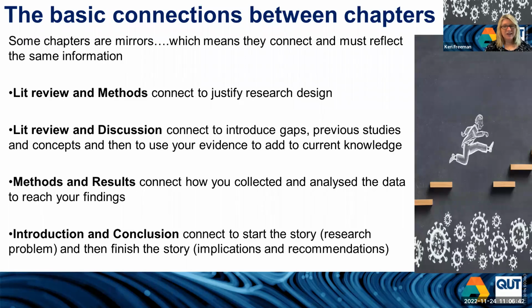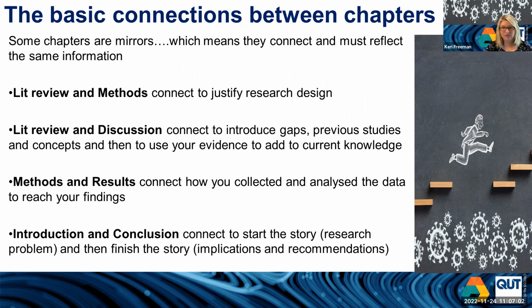So that's basically what you need in each chapter, and then we need to remember they're connected. Remember our stepping stones. Lit reviews and methods are connected to justify. Lit review and discussion: anything in your discussion should have also been mentioned in your lit review.